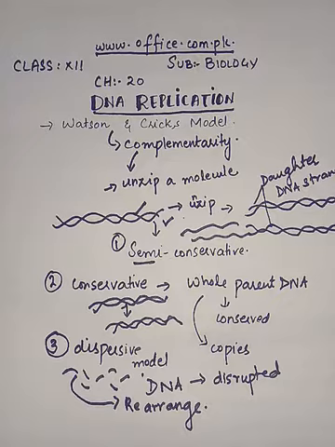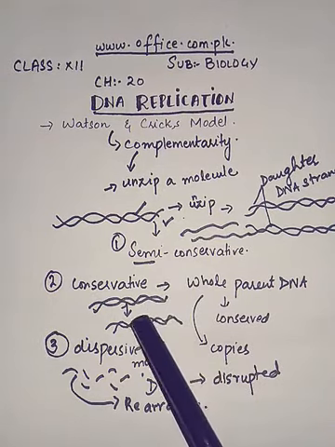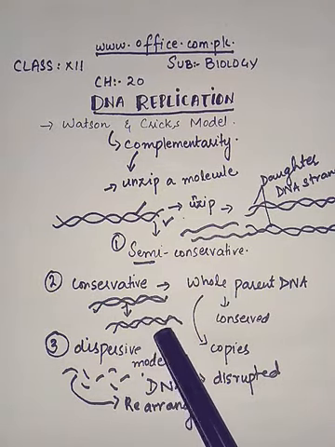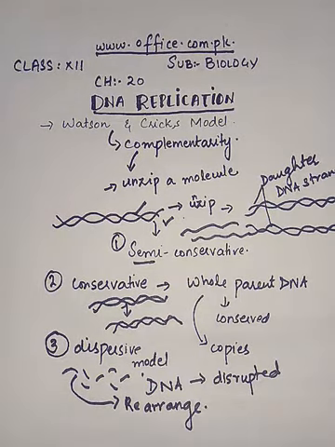First was semi-conservative, second is conservative, and third is the dispersive model. Semi-conservative states that half of the strand is conserved and half is donated to the daughter DNA, whereas conservative states that the whole parent DNA molecule is conserved and the new one is formed, which will be exactly the copy of the parent molecule.